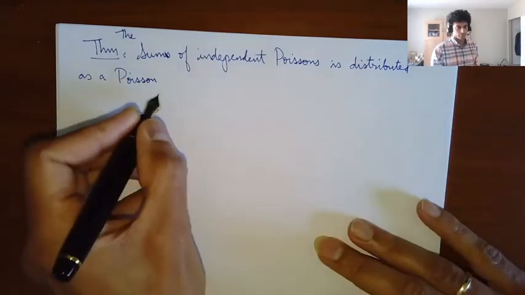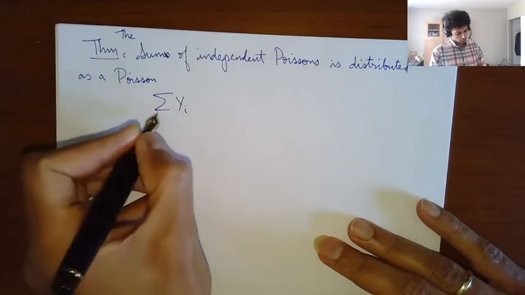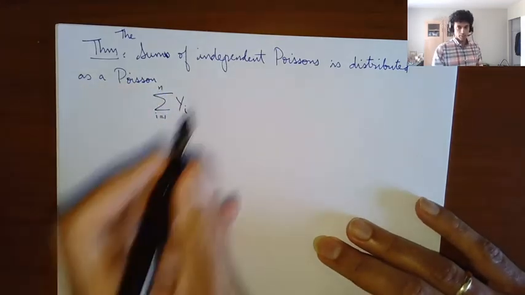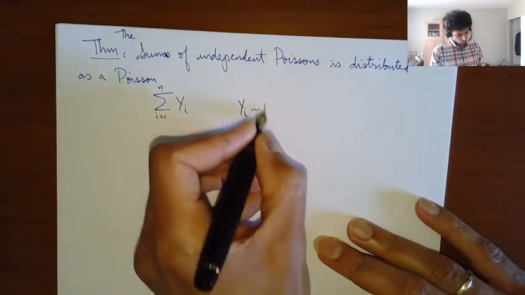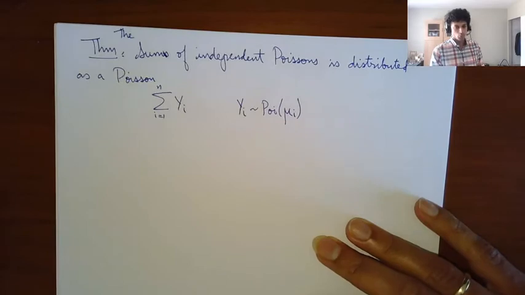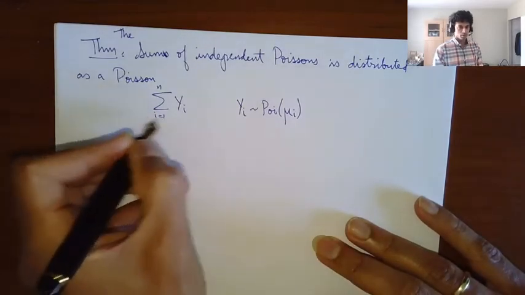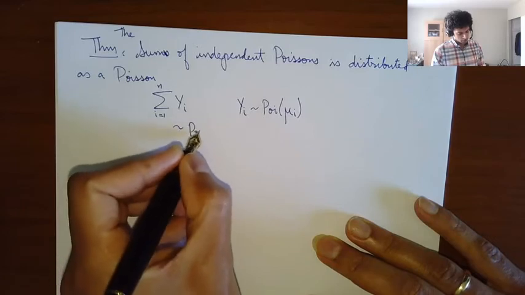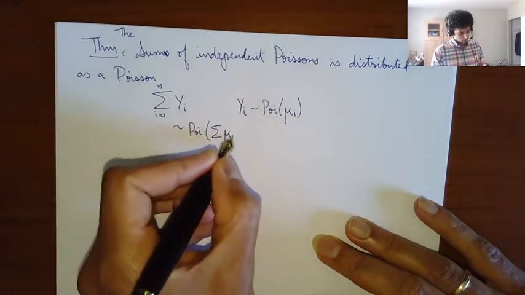Indeed, if you look at the summation of yi, i going from 1 to n, where yi is distributed as a Poisson with parameter mu i, then the sum of yi is distributed as a Poisson with the sum of mu i's.